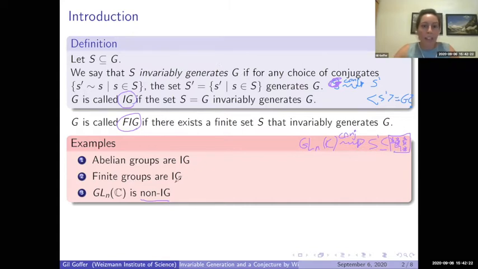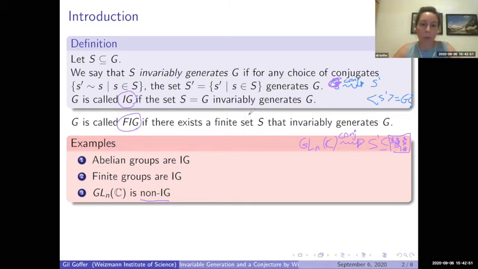This example will motivate me to give an equivalent definition that I will present in a minute. The reason for GLNC not being IG is that it does have a proper subgroup which intersects all conjugacy classes.